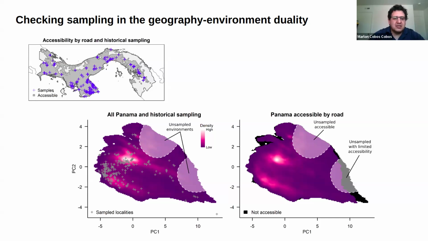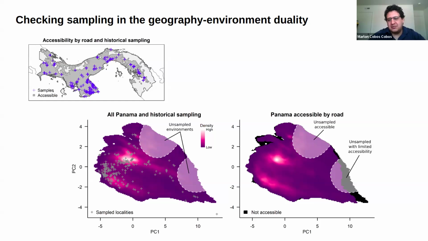As you can see, many of the points that have been sampled are in those common environments, and a lot of the environments that are less common are not actually sampled. And if we look at accessibility in Panama, which is represented in the map with a grayish color, it's a buffer of 2 kilometers around roads in Panama.